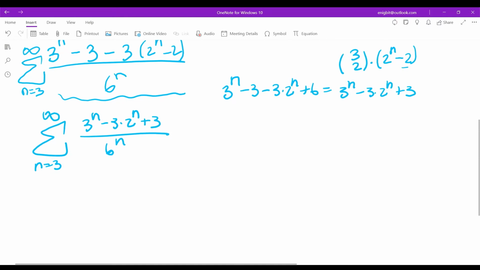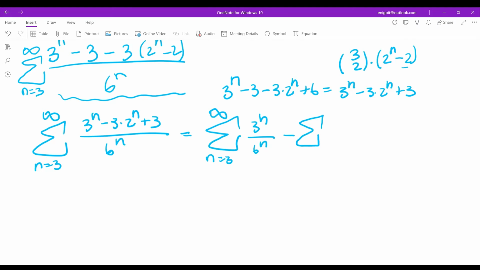And we can split this into the sum from n equals 3 to infinity of 3 to the n over 6 to the n, minus the sum of 3 times 2 to the n over 6 to the n, plus the sum from n equals 3 to infinity of 3 over 6 to the n.